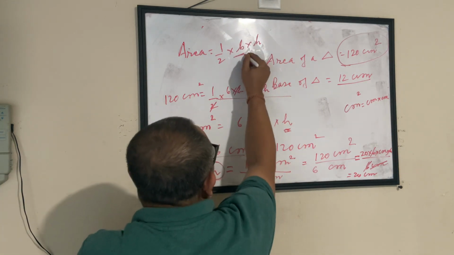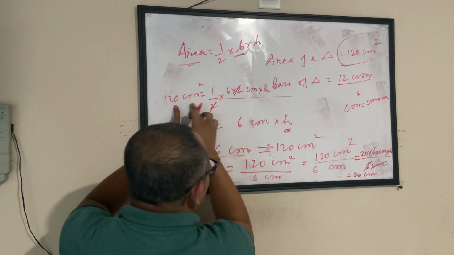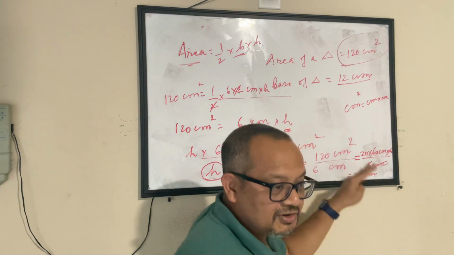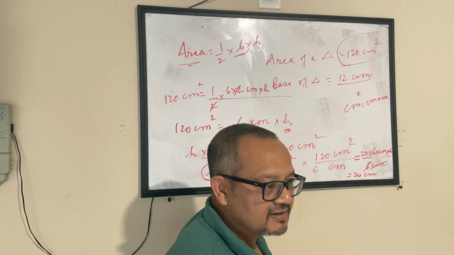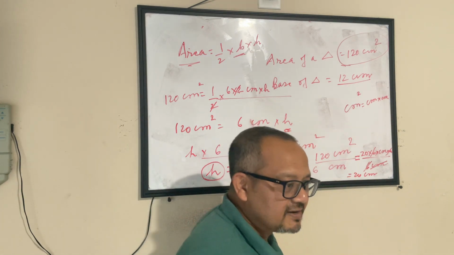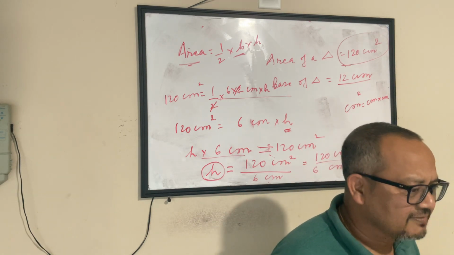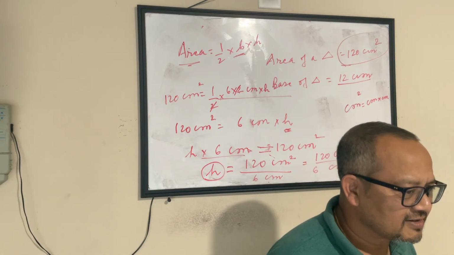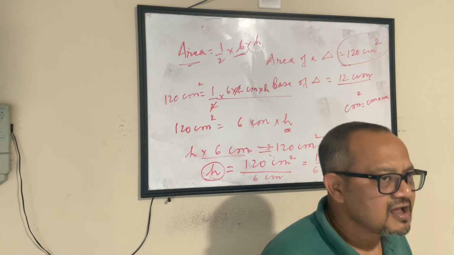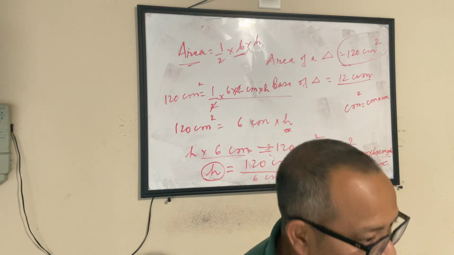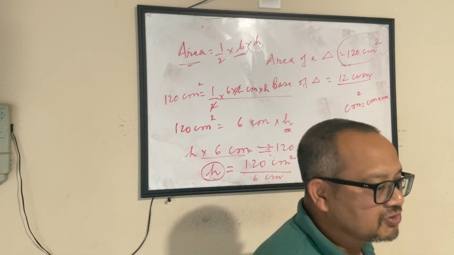We know the base, we know the area, we just put the value here and then simplify it to get the height. Is that part clear or do we still have doubt? I'm not simplifying the area, I am simplifying the equation, to get the height.